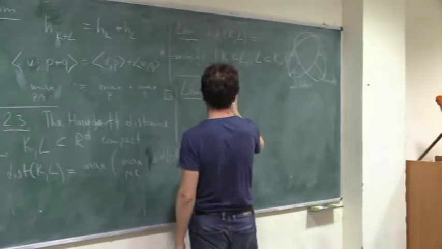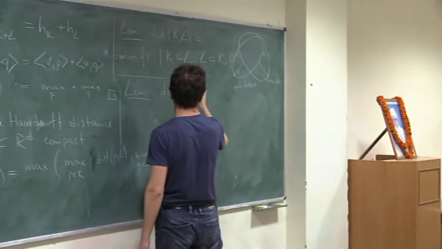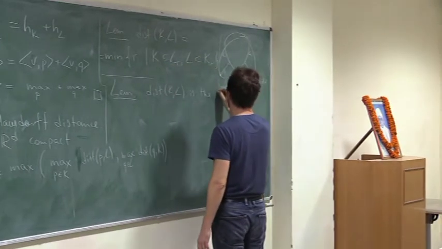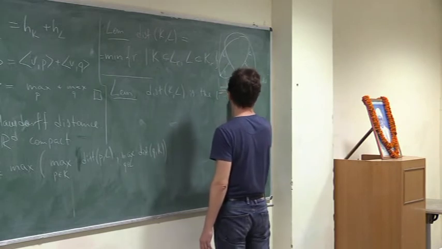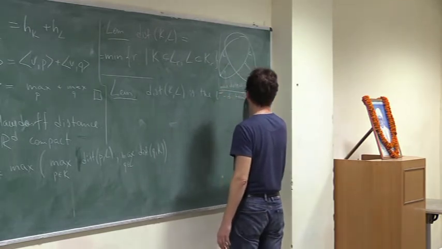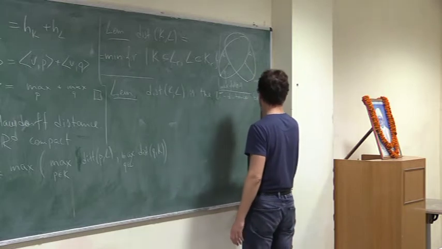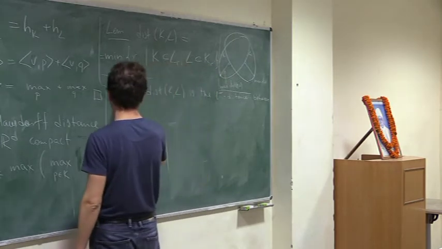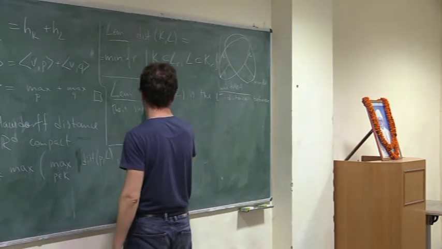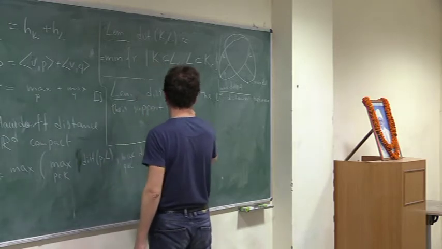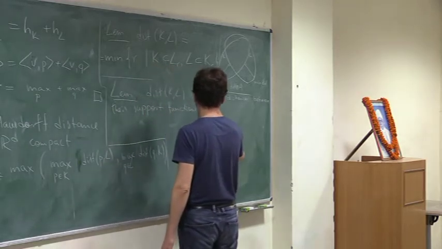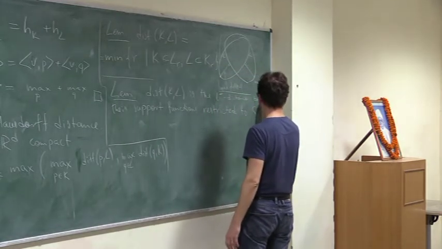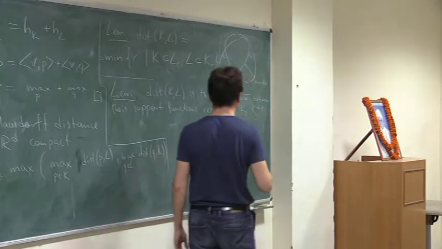Good. So the distance between K and L is the L infinity distance between their support functions restricted to the sphere, so to the vectors of length 1.